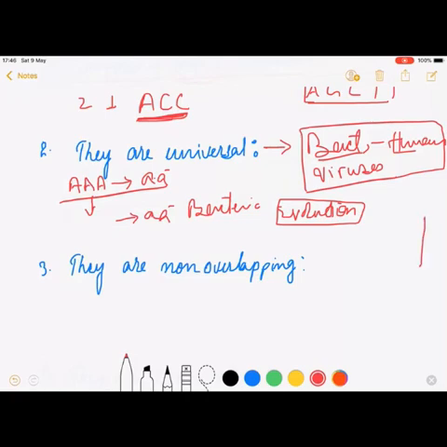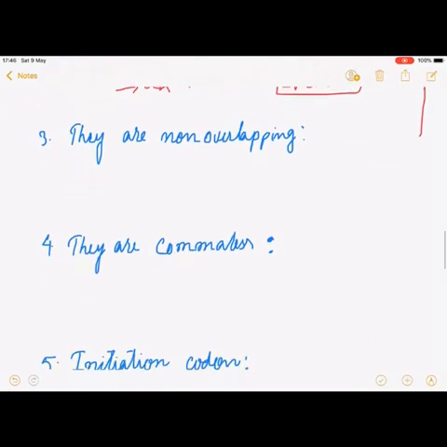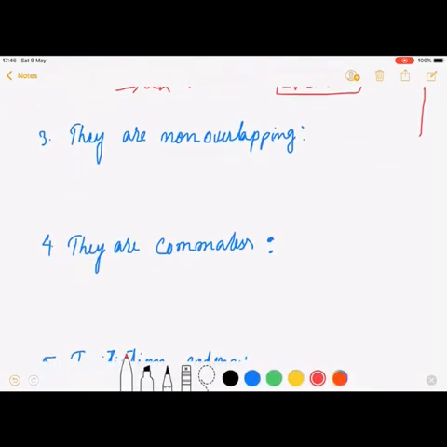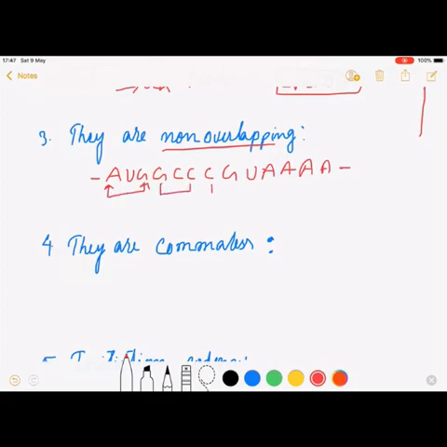Now let us move to the next character, that is they are non-overlapping. Non-overlapping means if there is a sequence of genetic code A, U, G, G, C, C, C, G, U, A, then the genetic code will be considered as first 3, then next 3, then next 3 and so on.